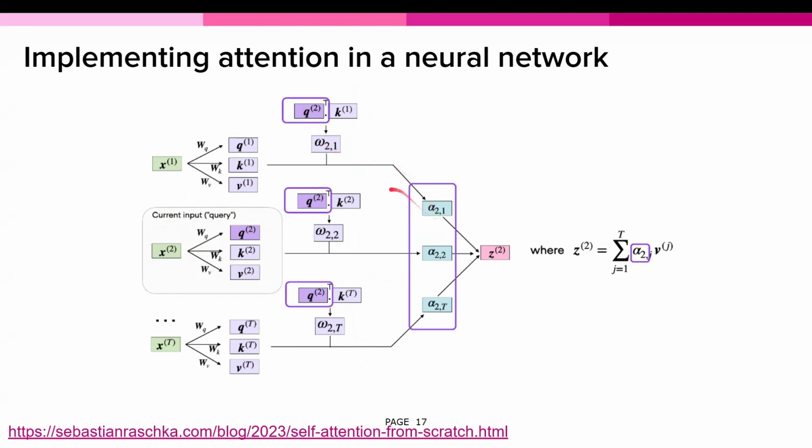These alignment scores are then normalized using the softmax function to produce the attention weights. Those weights determine how much focus the model should place on each value when generating the final output.